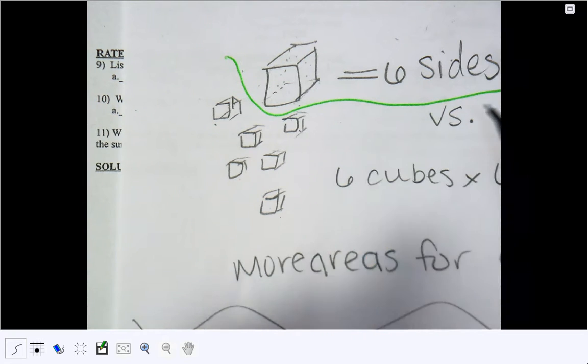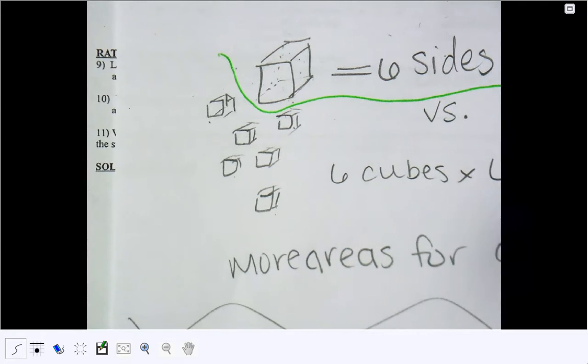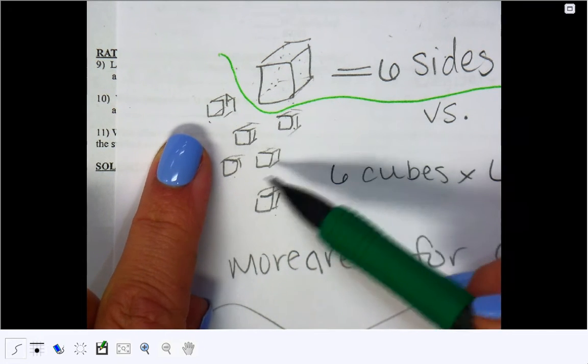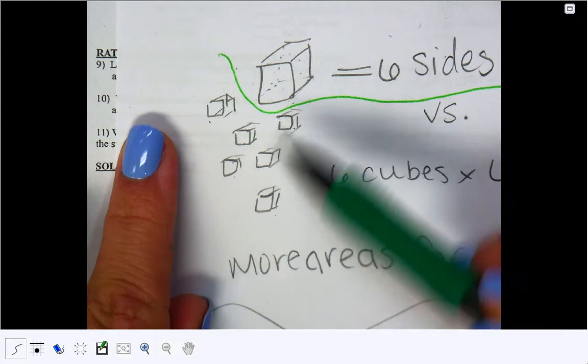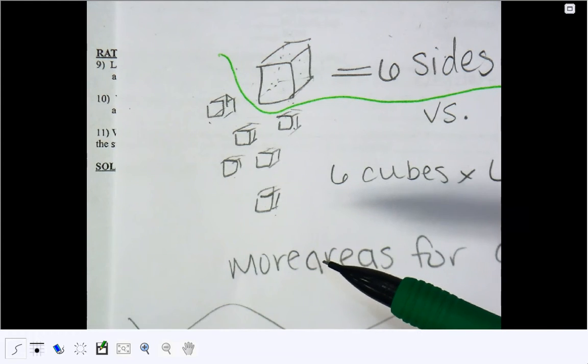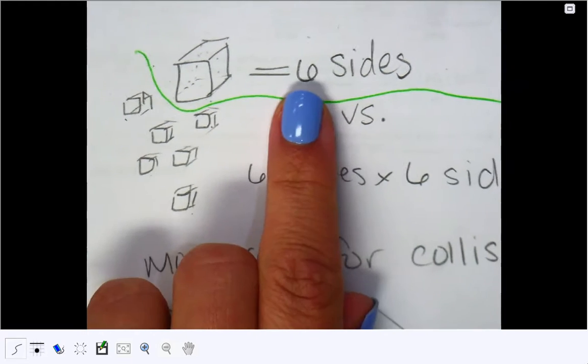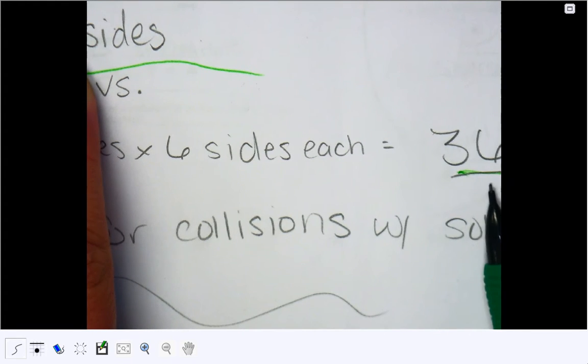So if it has 6 sides, and I'm talking about something like a sugar cube, if you were to just drop that into water and say, okay, dissolve, it wouldn't do it, all right? It would take forever. It's not going to do it. So you would want to break it apart into little pieces of sugar, because if you do that, you've now created 1, 2, 3, 4, 5, 6 different pieces. Each of them have 6 sides. So now we've just done 6 times 6. So we went from having 6 sides to a total of 36 sides.